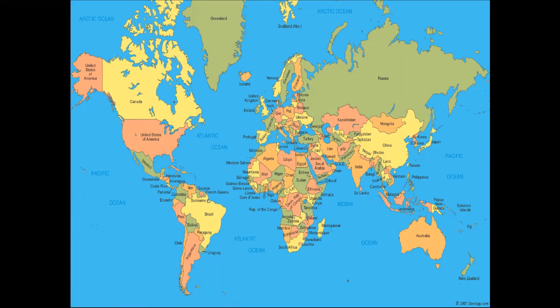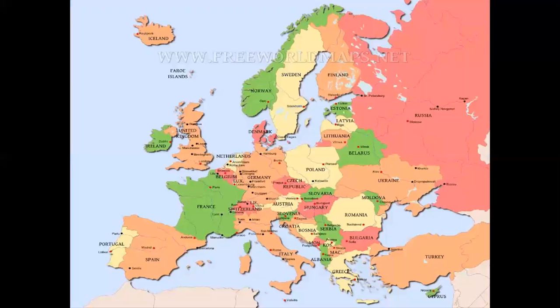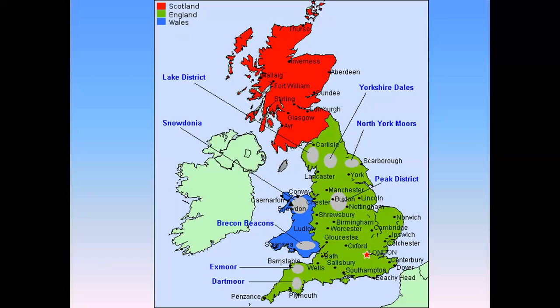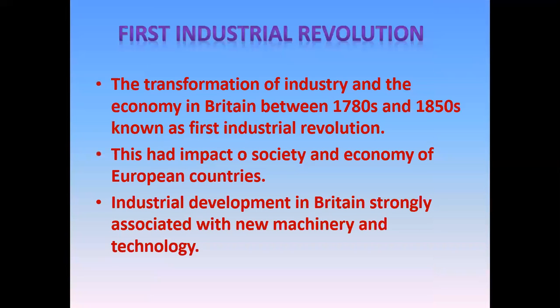This is the world map. The transformation of industry and economy in Britain between the 1780s and the 1850s is called the First Industrial Revolution. This had far-reaching effects in Britain.